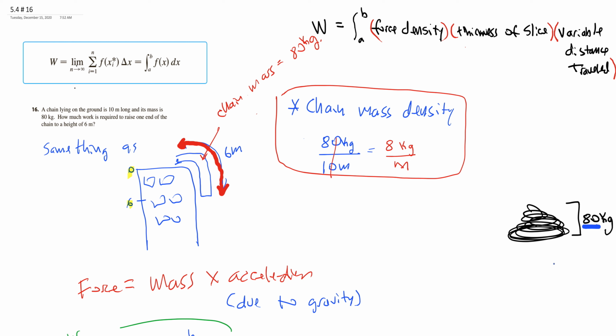Not the force density just yet, but the mass density. Basically, if you have a meter right here, what's the mass of that meter? No problem. You would just get your 80 kilograms.